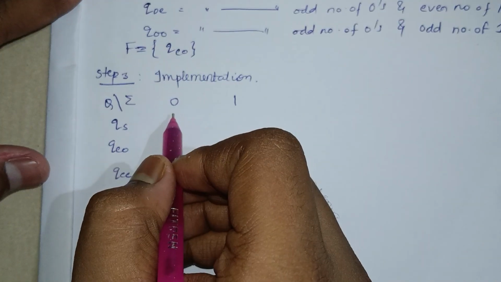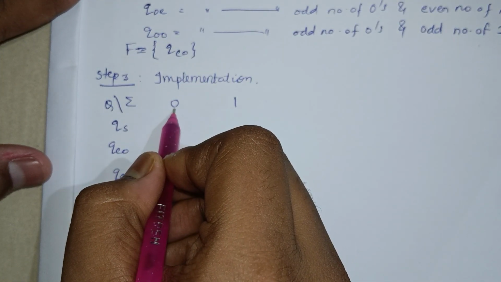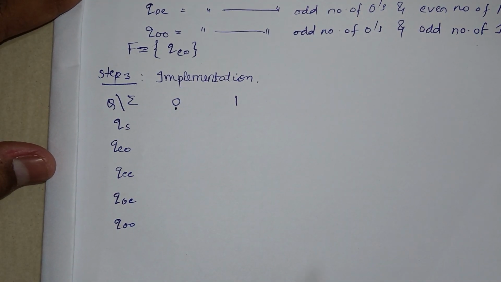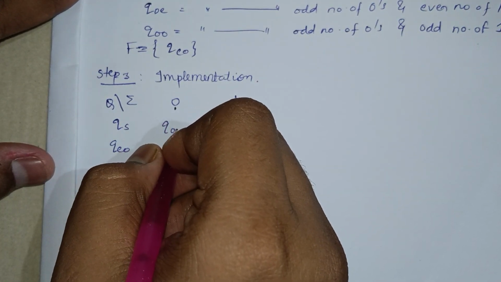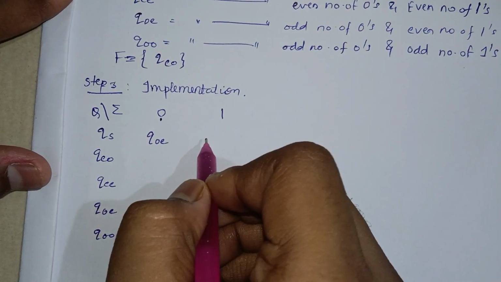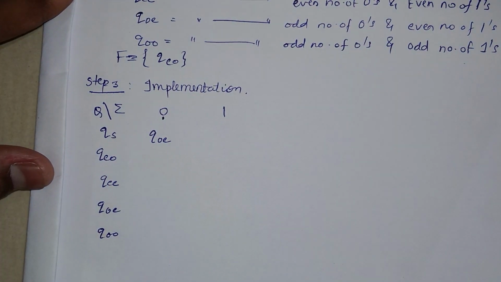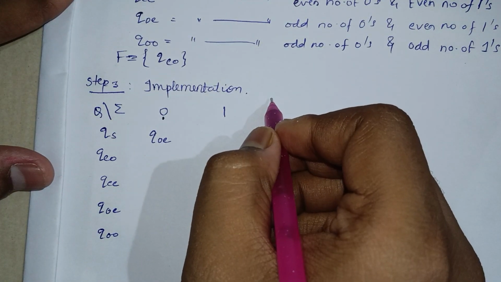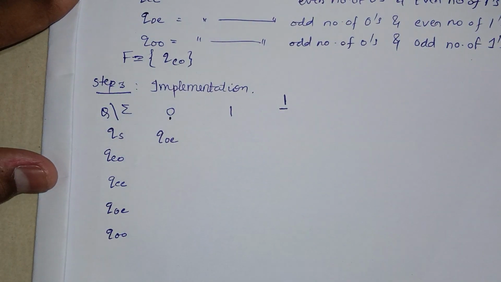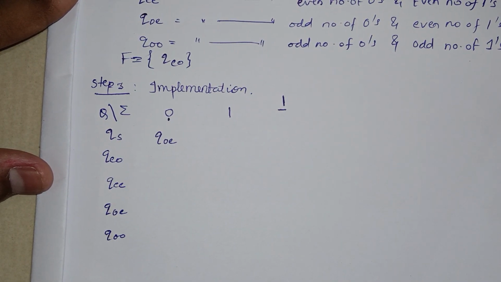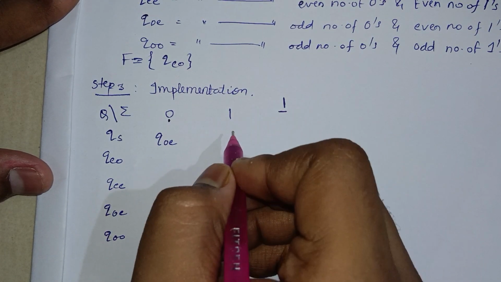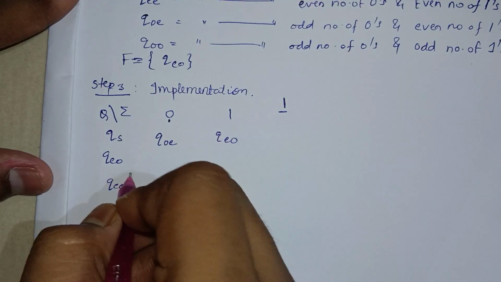Now see, when it receives only 0, it means odd number of zeros and no ones, meaning even number of ones. Therefore it will go to QOE. If it receives 1 from QS, the starting state meaning empty string, there is odd times 1 and no zeros, meaning even times 0, since 0 times 0 is also an even number. That's why it will go to QEO.